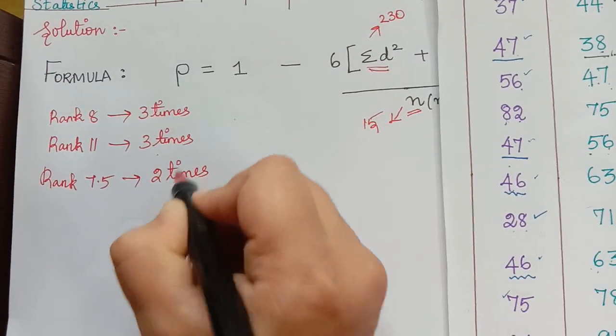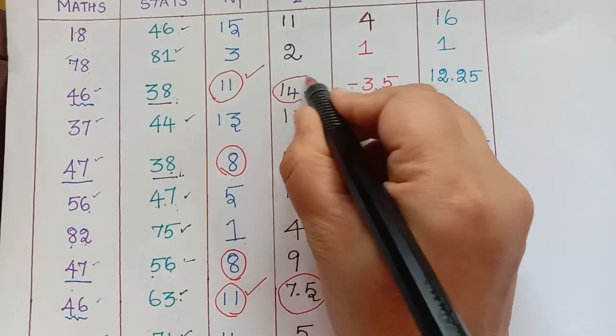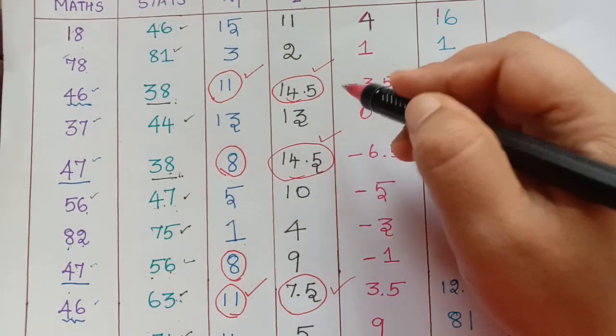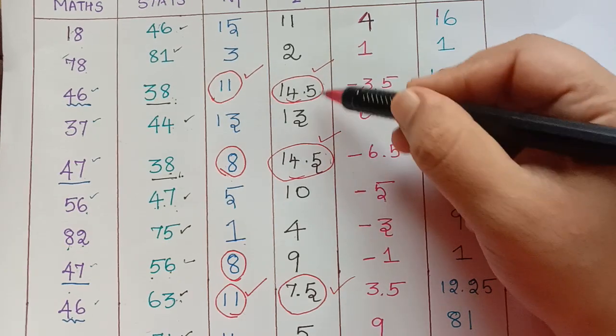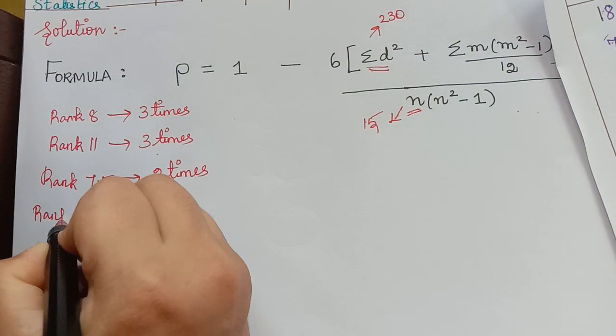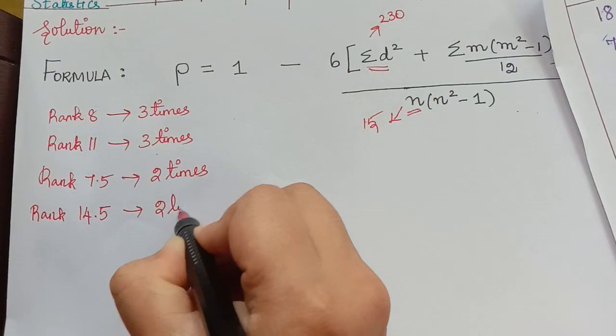We shall make a note of that also. Next, rank 14.5 is repeated. So 14.5 and 14.5. How many times is it repeated? 2 times. So rank 14.5 is repeated for 2 times.